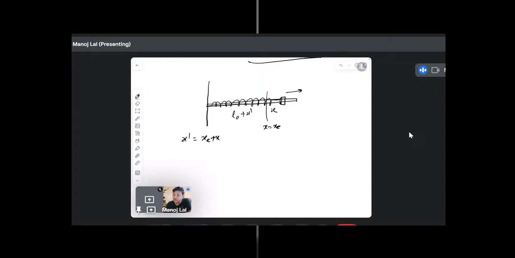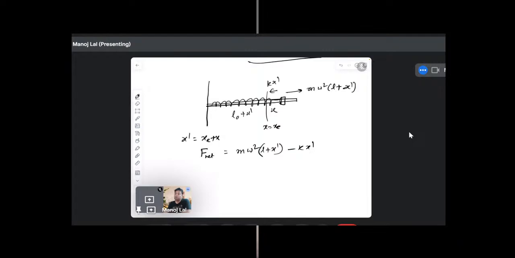The force acting on it here is m omega square (L plus x dash), and this side is k x dash. So what is the net force? F net is m omega square (L plus x dash) minus k x dash, right?